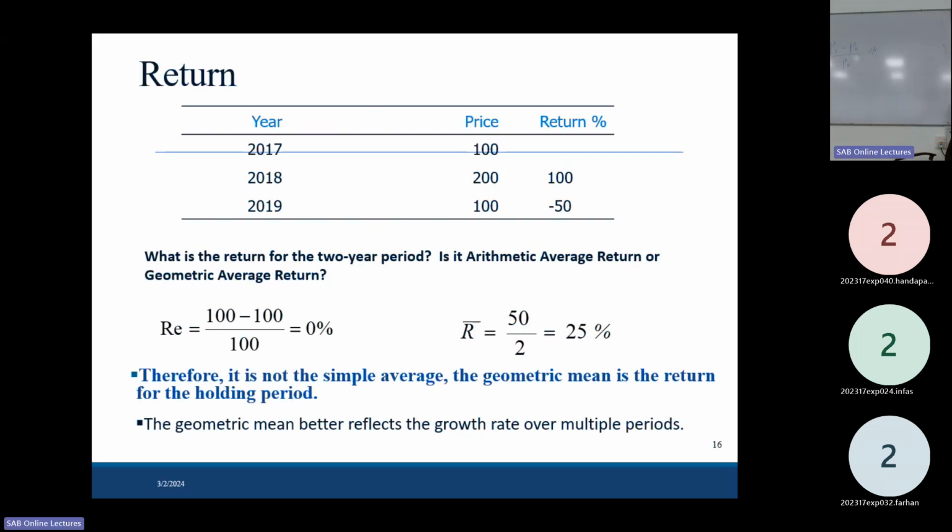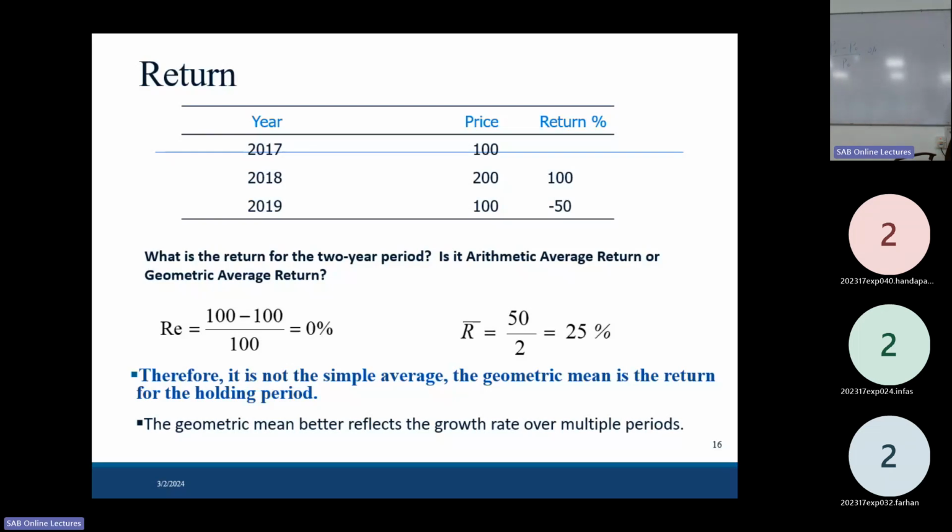What is the reason? In the geometric mean, we consider the impact of the growth rate during the holding period. But when we calculate the arithmetic mean, we didn't consider that part. Each observation we consider as an independent observation and they are equally weighted. So there is no impact of this 100% on the next year's return. They are considered as independent values. So therefore you are getting an overestimation like this.